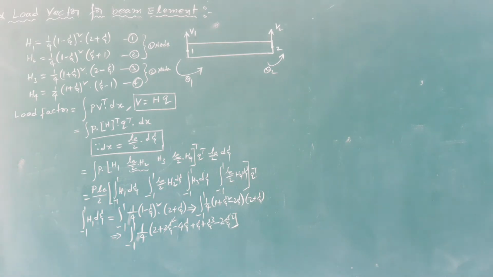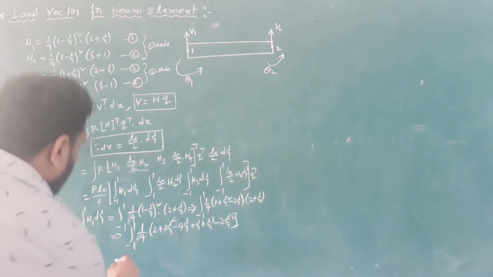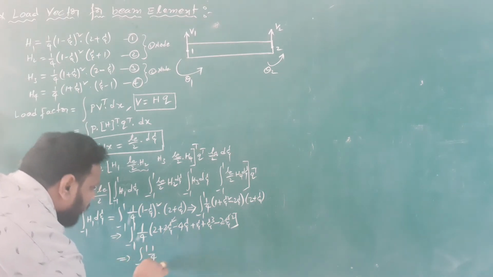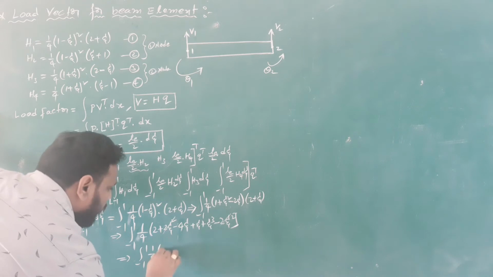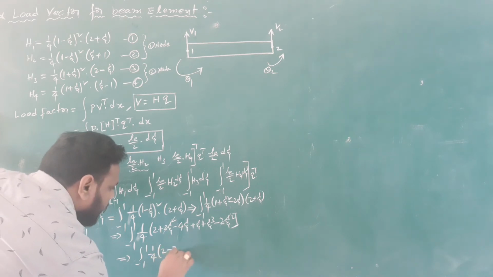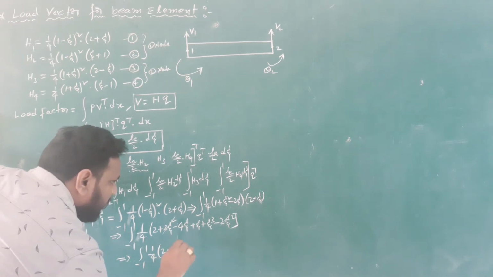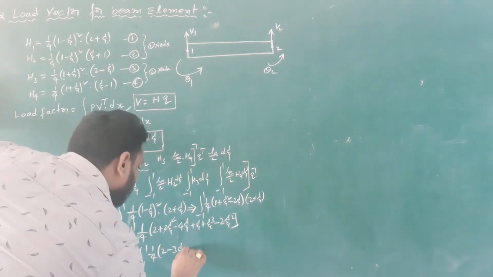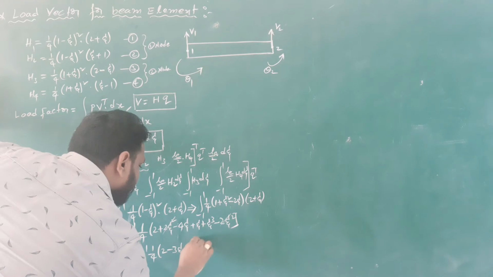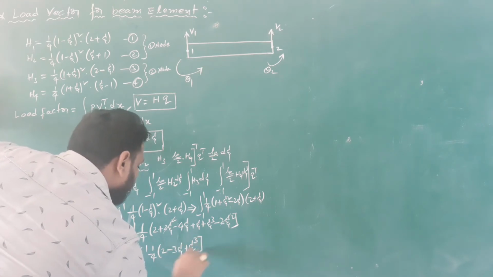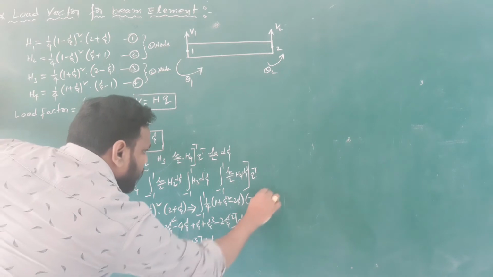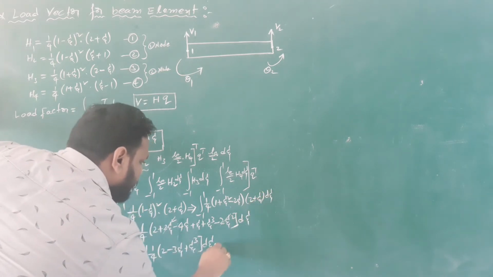So finally we get minus 1 to 1, 1 by 4, 2 minus 3z plus z cube, integrate dz. Integrate this equation.